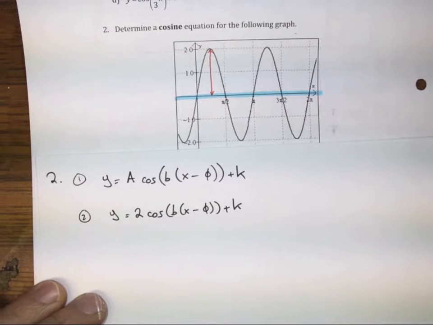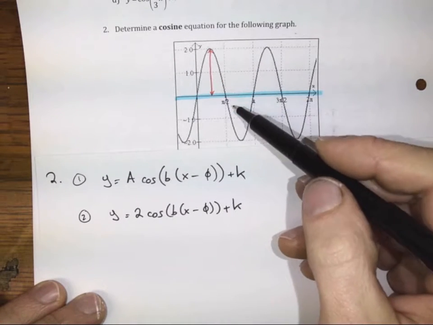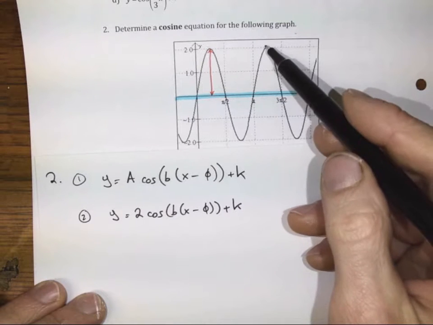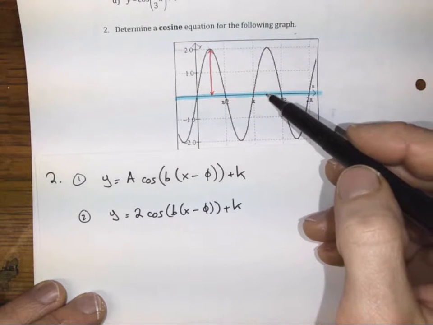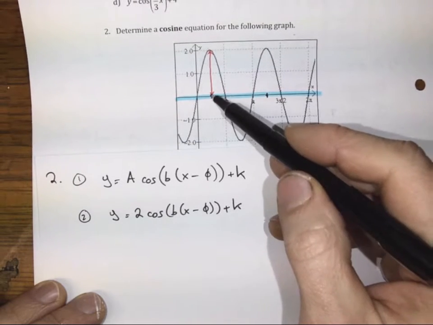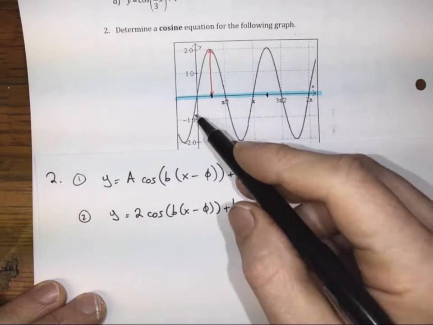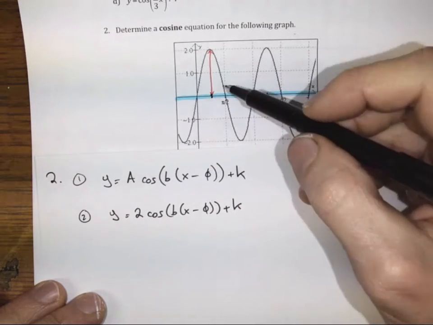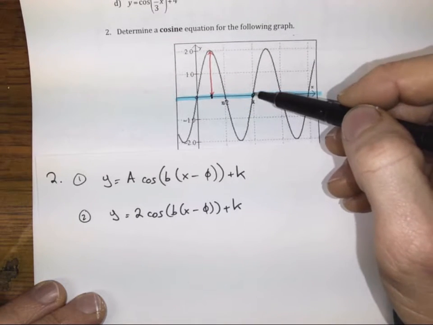Okay. Then I'm going to ask, how long does it take for this thing to repeat itself? I could go peak to peak if I like: find the horizontal values of each of these peaks and subtract them. That's fine. However, I can also see that it repeats right on the axis, very nicely in the middle here.